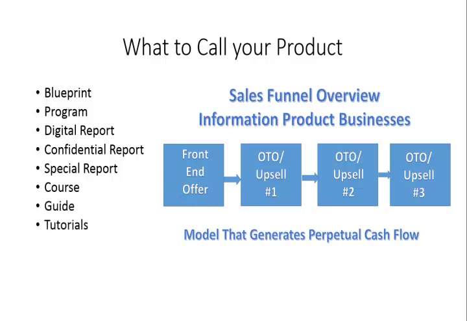All of these things give your buyer a perception of increased value. And this is what you want to think through again as you start to narrow down what you're going to deliver and how you're going to deliver it.